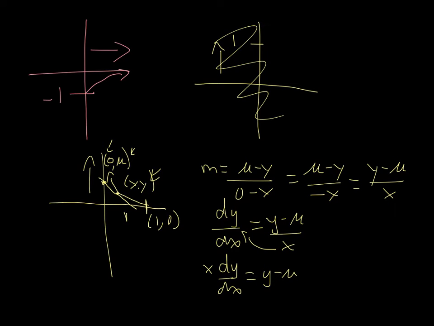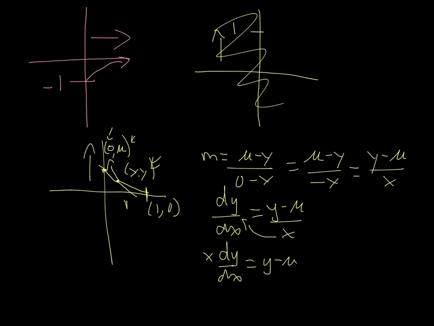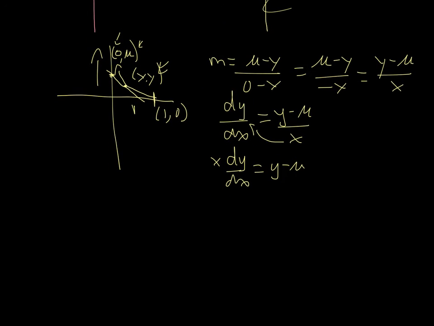And we need to solve for u. So I can bring the y over to that side. I have x times dy dx minus y equals minus u.